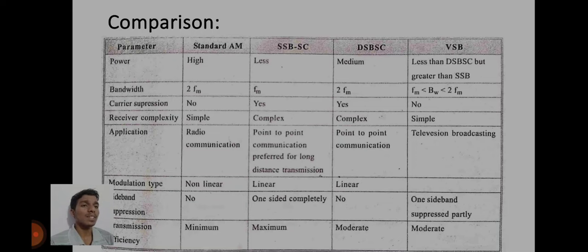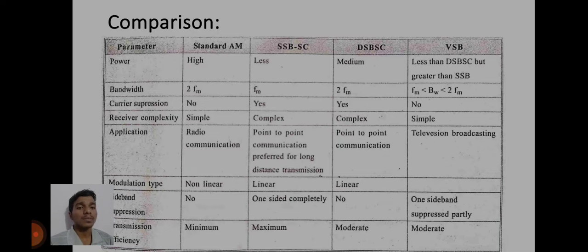In VSBSC it is also very simple. When it comes to applications, AM is used in radio communications, and SSBSC is very widely used in point-to-point communication and preferred for long distance transmission. DSBSC is also used for point-to-point communication. VSBSC is most widely used in television broadcasting and other broadcastings.